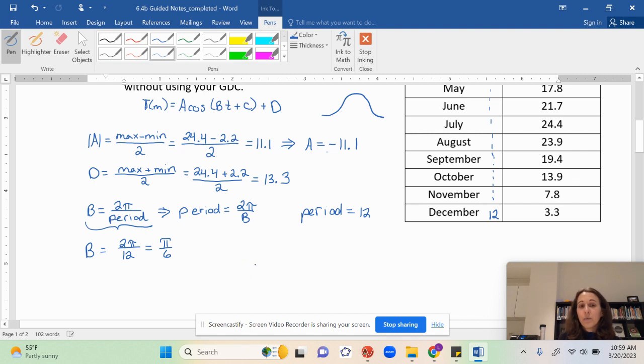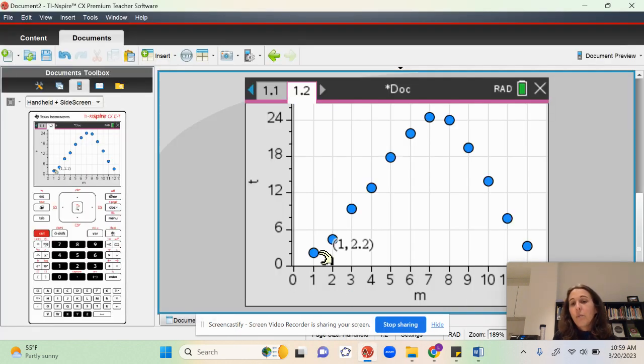And then the last part is finding what the value of C is. Well, remember we have a formula for the phase shift, so let's write this below. So I have step 1, A, step 2, D, step 3, we found B. Step 4, we're going to use the formula that phase shift is equal to negative C over B. Well, my phase shift is going to be 1 unit to the right here, because I can see that I'm looking at a cosine model that starts at a minimum.